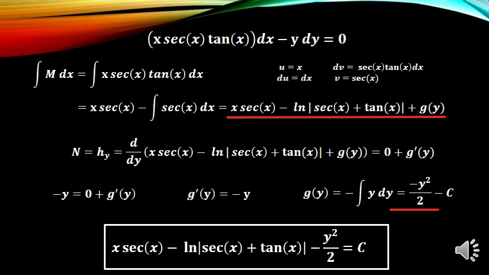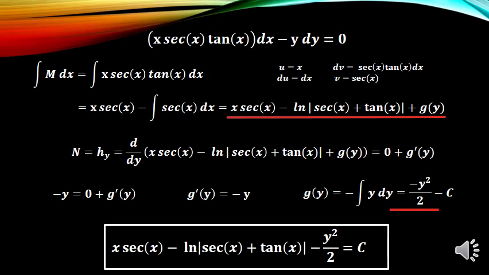We rewrote our integral and we wrote x sec(x) minus the integral of sec(x) dx, and we obtained that the integral is equal to x sec(x) - ln|sec(x) + tan(x)| plus a function of y.